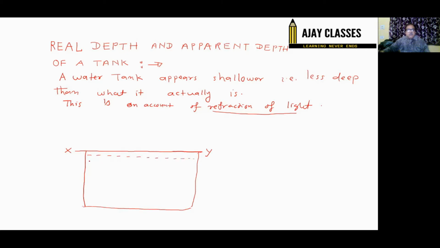We think of the water level and how the bottom of the tank appears less deep, how refraction of light takes place. We will draw it here. All the dotted lines are nothing but the level of water of the water tank.